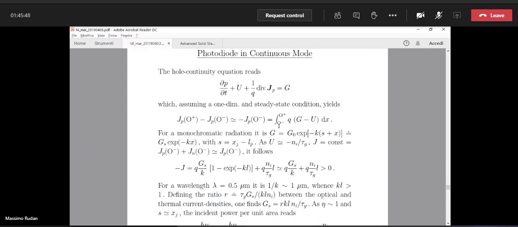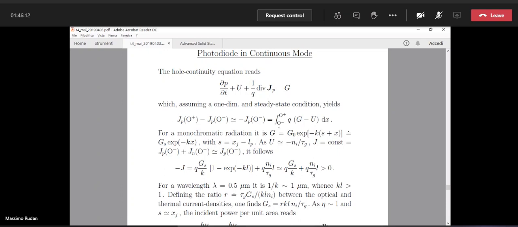Now, you remember that the optical generation decays exponentially when we enter the material. So let's assume a monochromatic radiation, which is not true, of course, but for the moment we assume it.